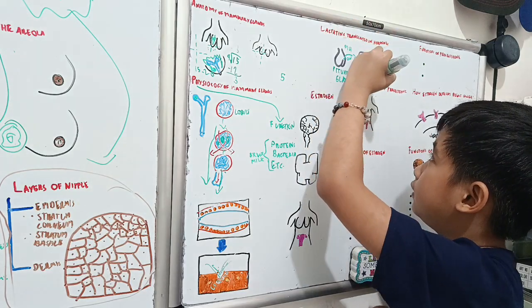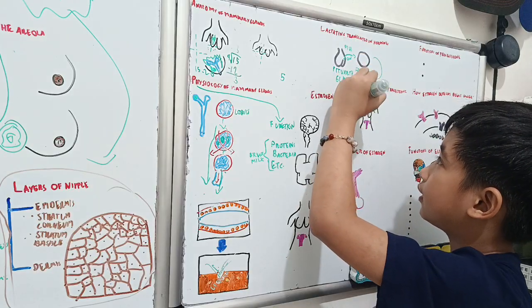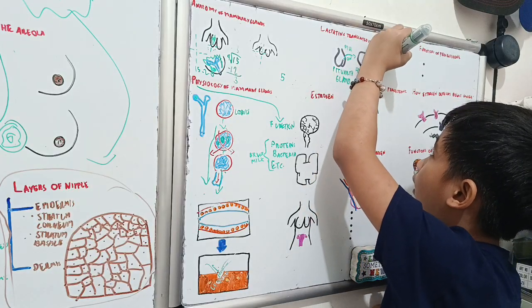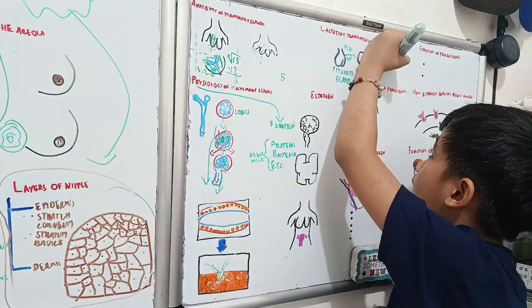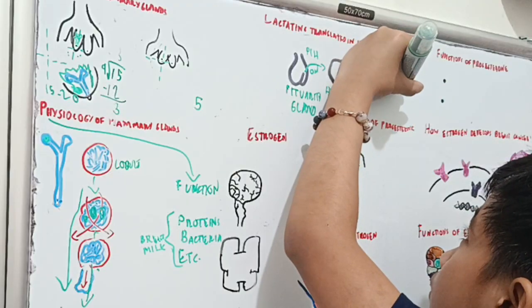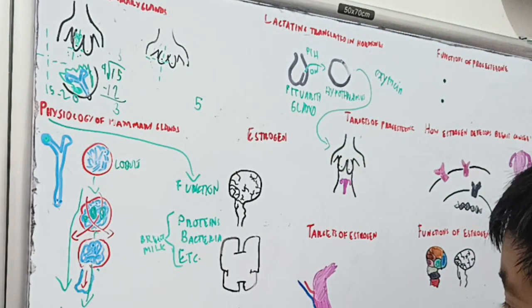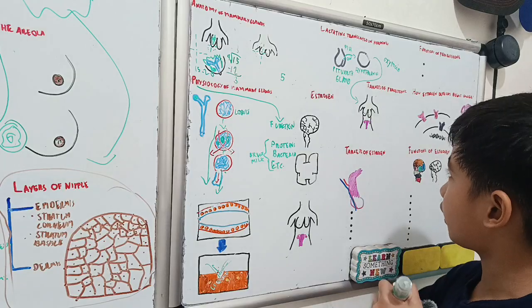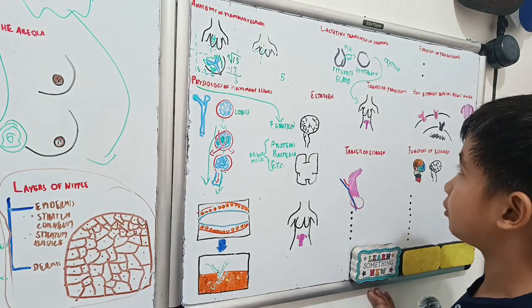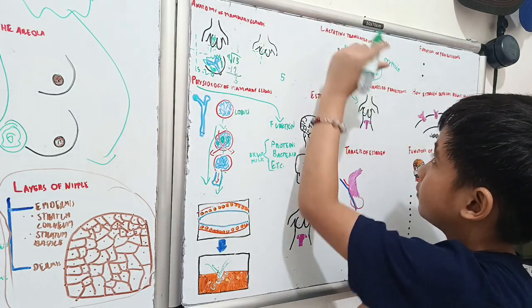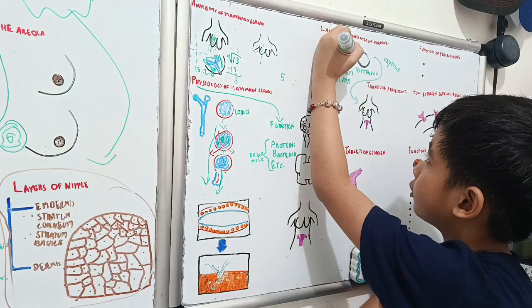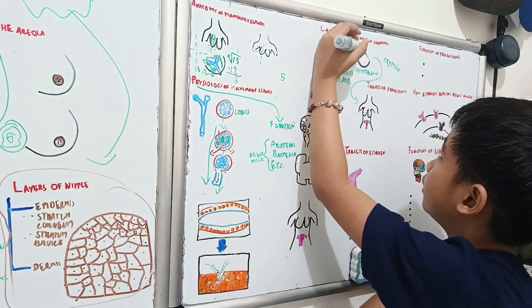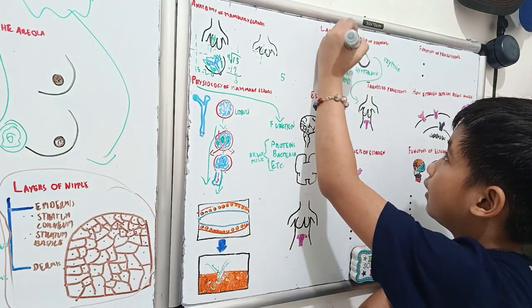So the hypothalamus sends the breast some oxytocin. Some time later, it will turn off, and what will happen?